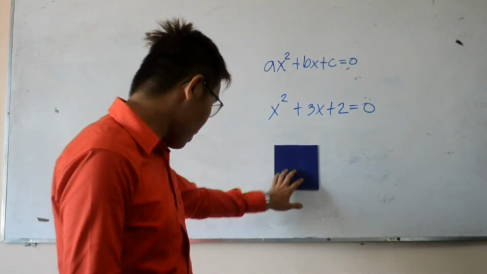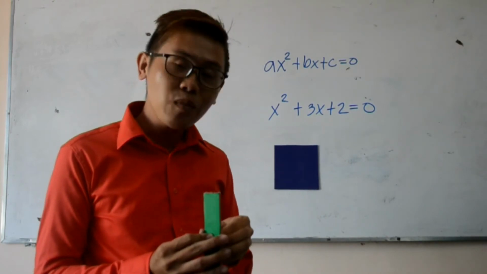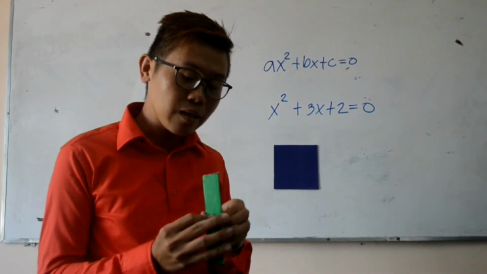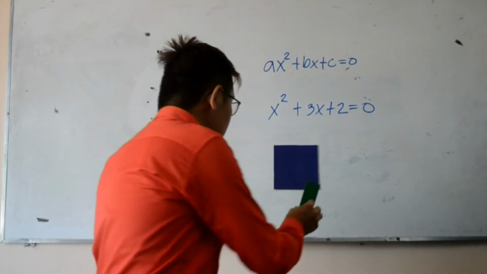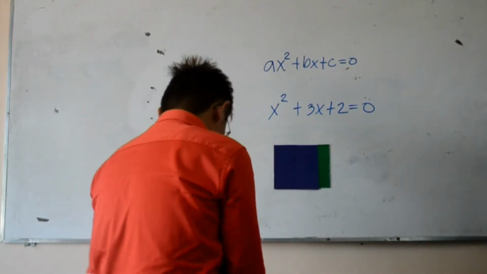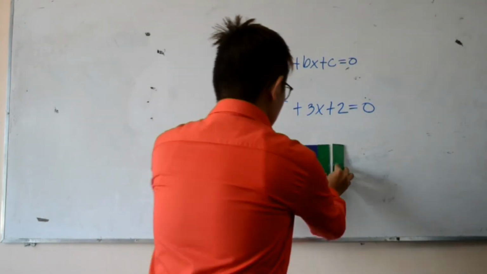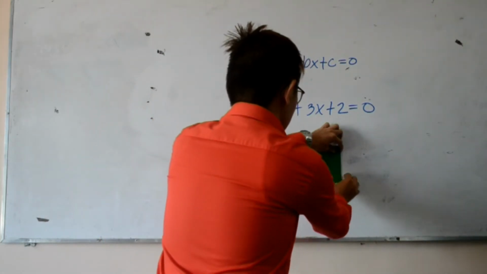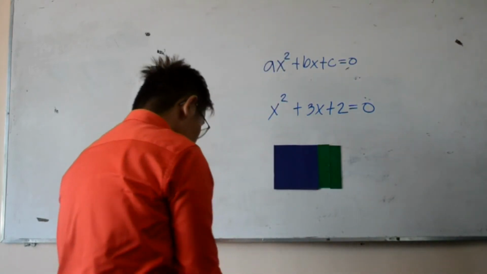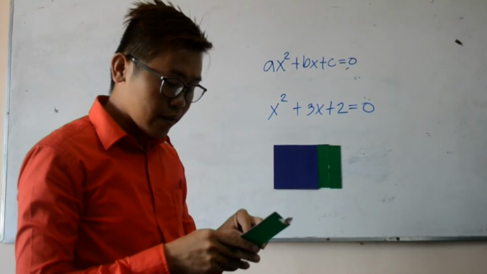So we have x squared and we have 3x. So I am going to create a rectangle using the tiles. So I place 2 rectangular tiles here.